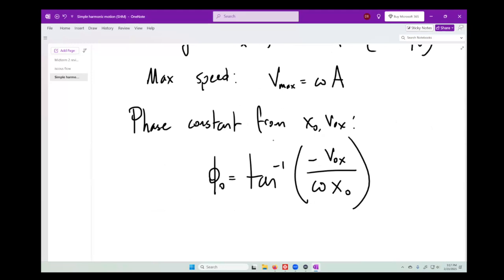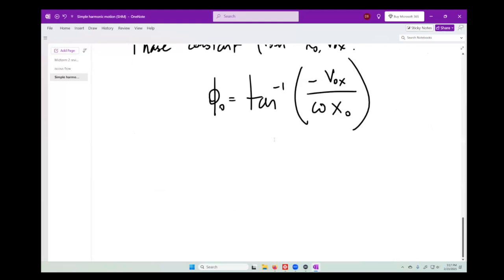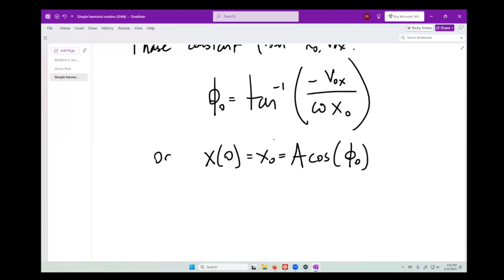Now we're not always going to know both of those, so we could determine the phase constant in other ways. For example, if we know x naught, then we could plug in 0 to our position equation, and this gives us an equation also for phi naught. And you would have seen this on the homework and on the discussion worksheet.